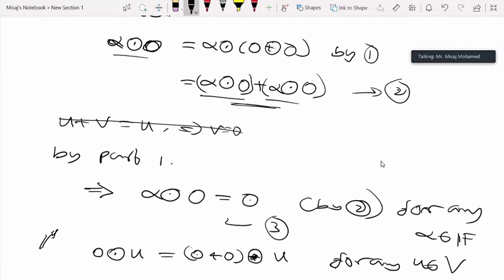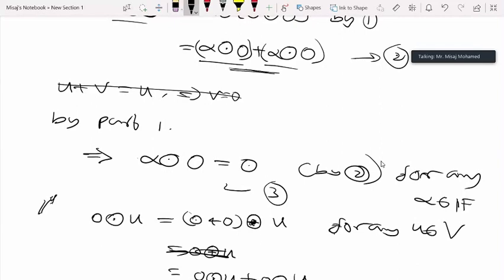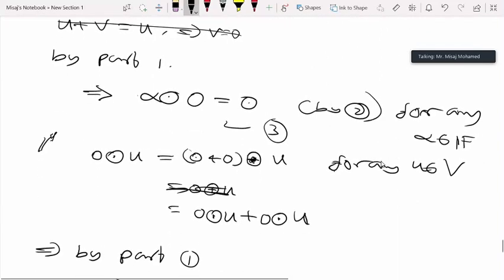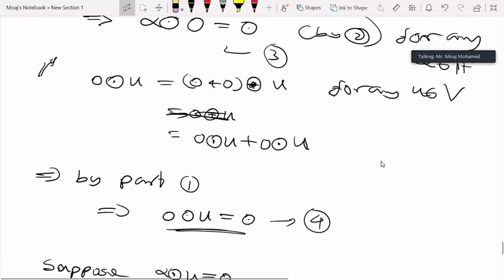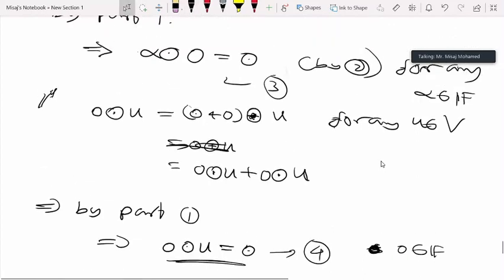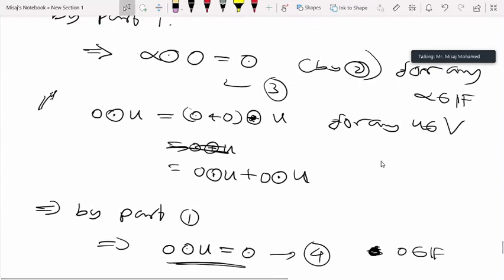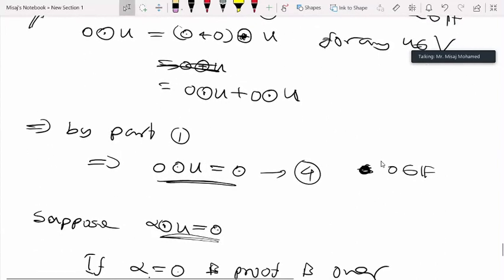Similarly, 0 dot u is u plus u, then that is also 0. This 0 is a scalar, not a vector 0; 0 is an element of V. So alpha dot 0 is 0 and 0 dot u is also 0.